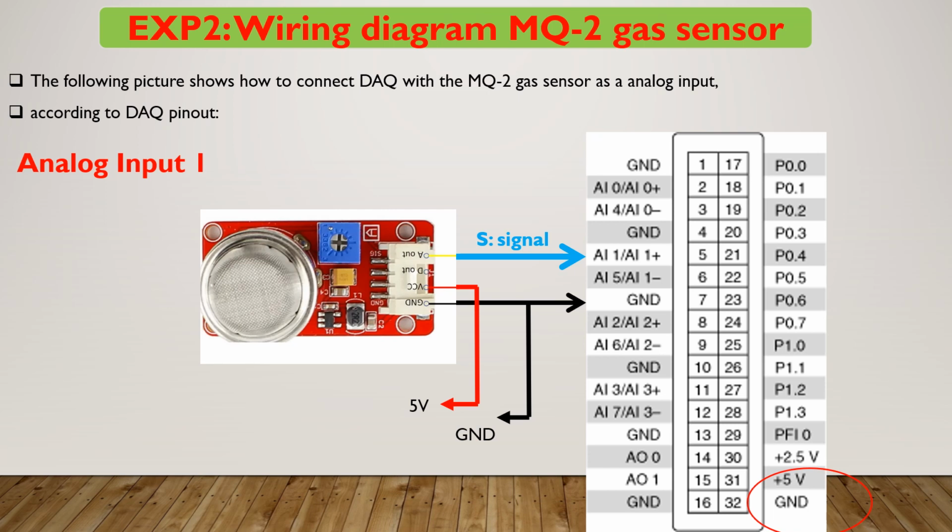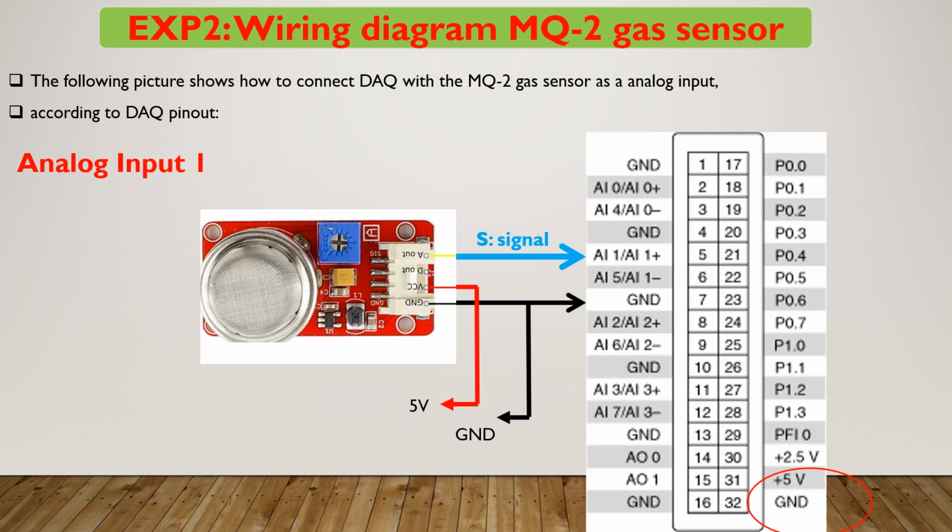We connect the power supply to the module, and the output of this module is a light blue line, the signal line. We connect the signal line to terminal number 5, AI1 or AI plus, and because this type of sensor is a single-ended sensor, we connect the black line or ground to terminal number 7. By this configuration, we can connect a gas sensor module to data acquisition and measure the level of the gas in the home, in the residential area, in the industrial environment.